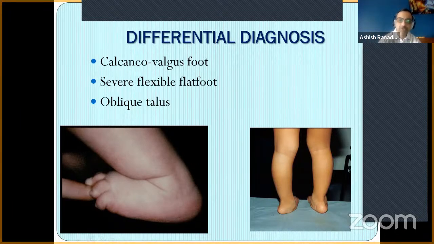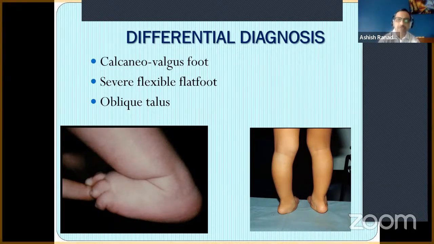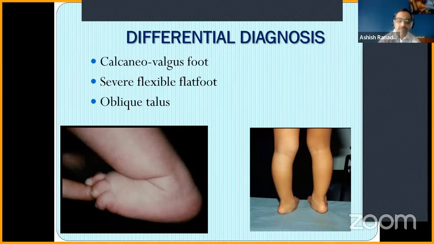Clinically, you will notice a medial bump, which is the flexed talus, pointing towards the plantar surface on the medial side. That will be seen in these conditions as well as vertical talus. But if you do plantar flexion, that bump goes in because the talar head is getting covered with the navicular.